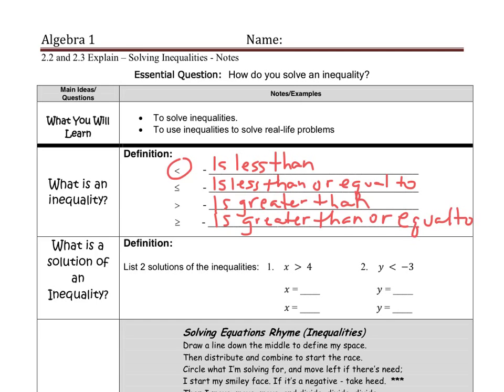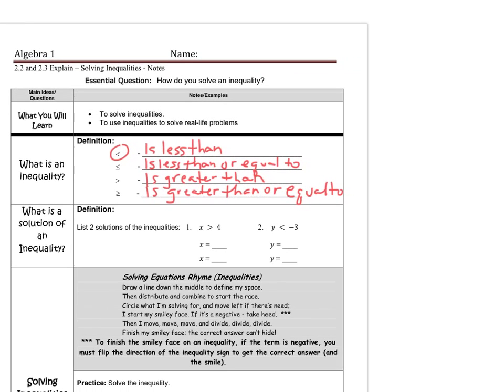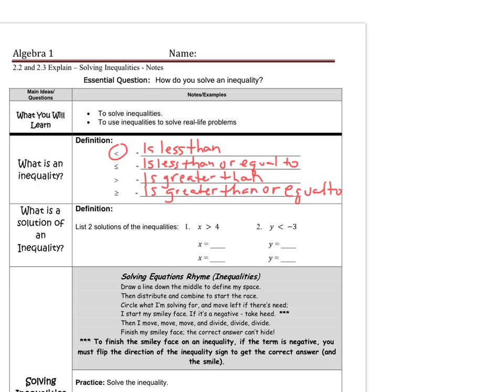Okay, so there's another couple of ways that this will get used. Let me make this smaller so we have room. Let's think if you were going to Six Flags and you wanted to ride the Texas Giant. In front of the Texas Giant, there's a sign that says you have to be at least 54 inches tall.